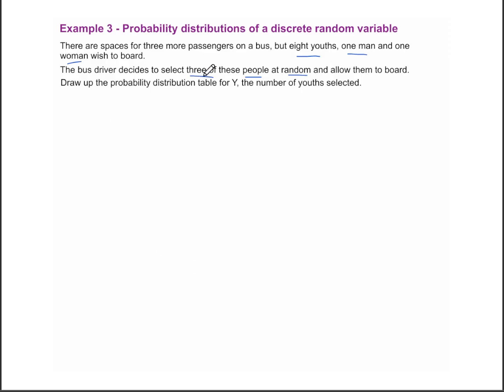Because the driver is just selecting 3 people, we can have at least 1 youth selected. Why? Because we have 8 youths, 1 man, and 1 woman. If he's selecting 3, then he needs to have at least 1 from here. If he takes 1 man and 1 woman, he will have selected 2 out of the 3.